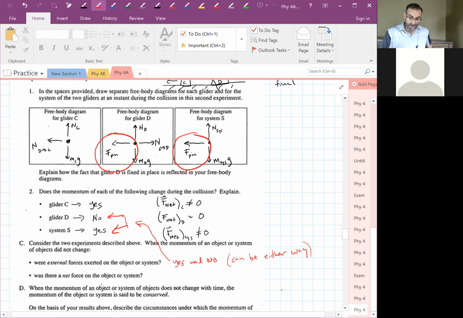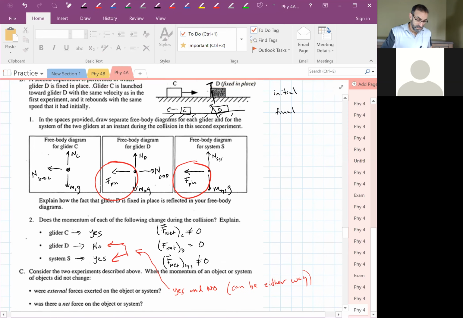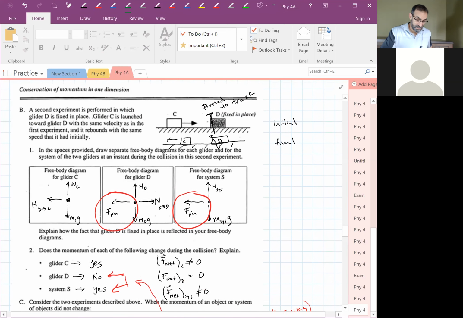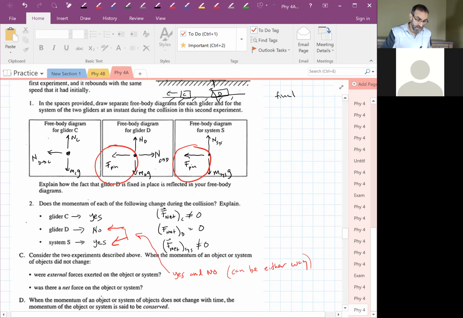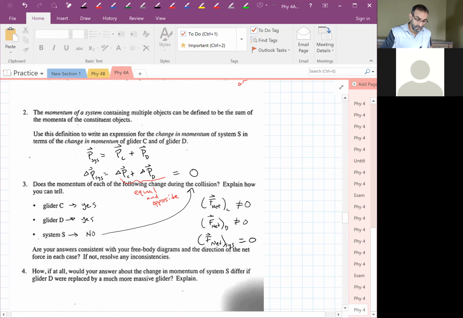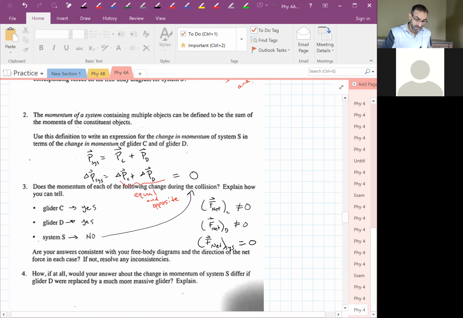But I think if we look at all these cases, it will be very consistent when the net force is non-zero. Let me see, how did I do this?